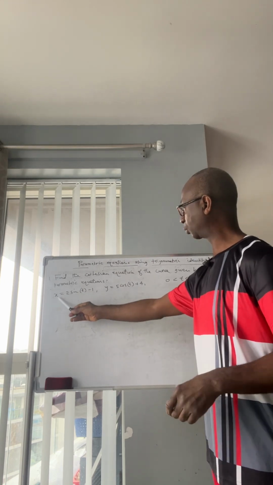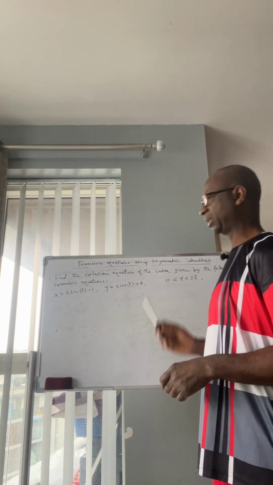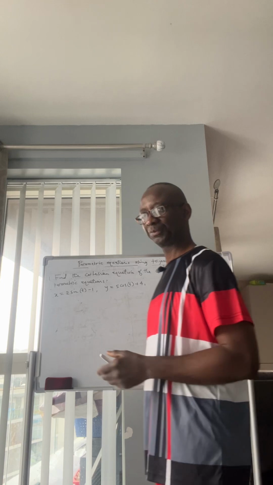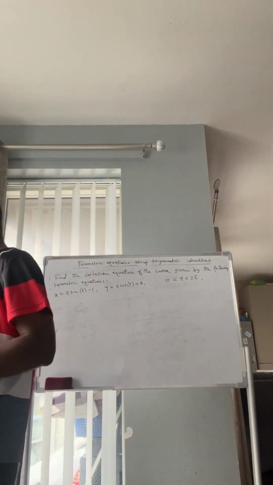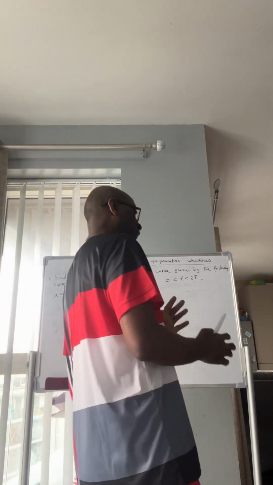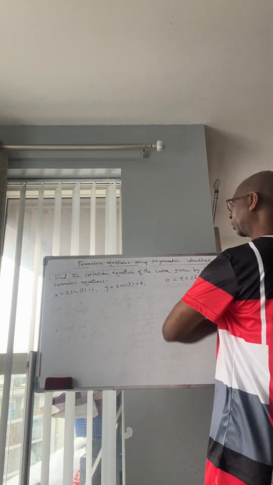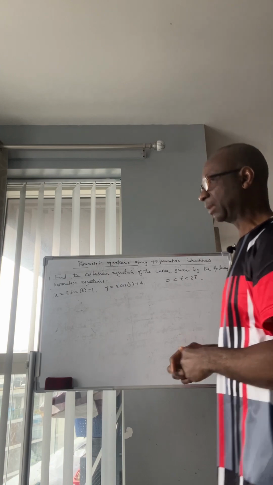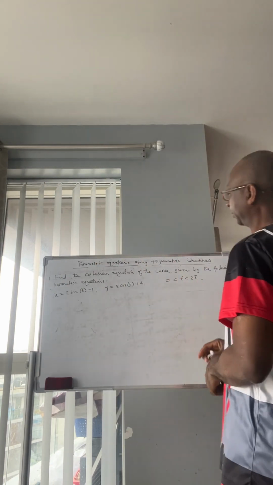So you have x 1, t 2, y 3. So you have 3 different parameters here. We want to reduce them to 2. That is what we do in changing from parametric to Cartesian.